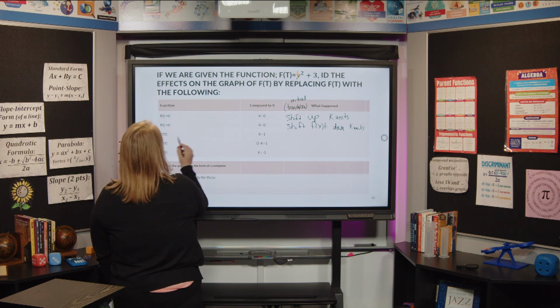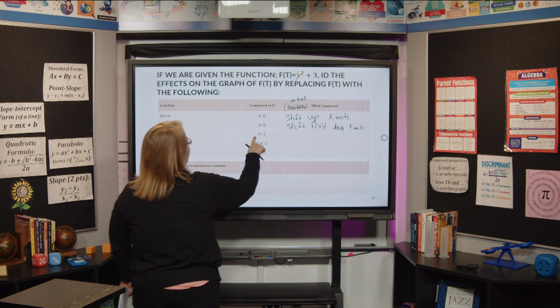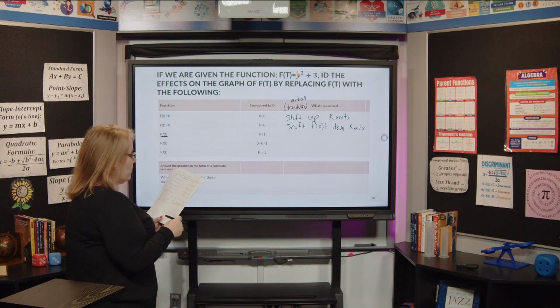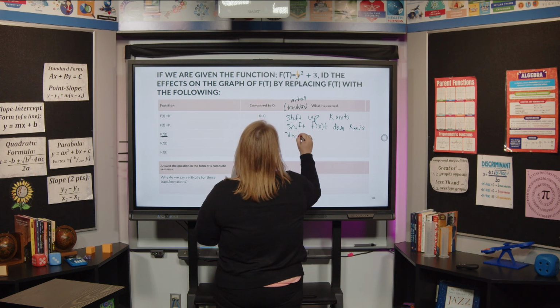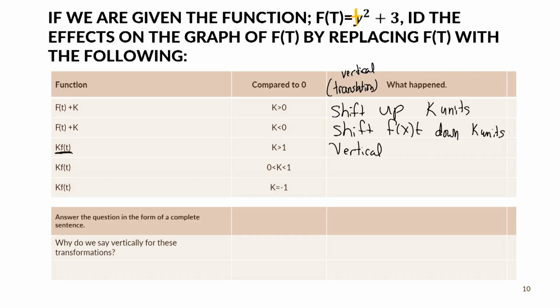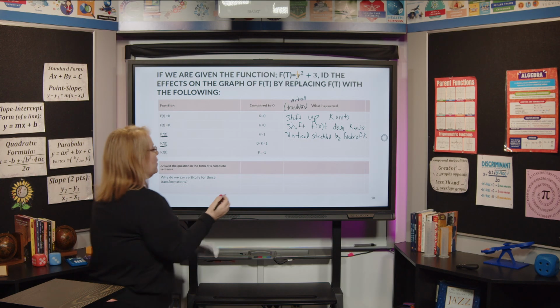Now, what about when I'm multiplying when k is larger than 1? I am doing a vertical what? When it's larger than 1, I'm doing a vertical stretch by the factor of k. So then when I'm multiplying by my k, but it is a fraction, it's between 0 and 1, what am I doing?